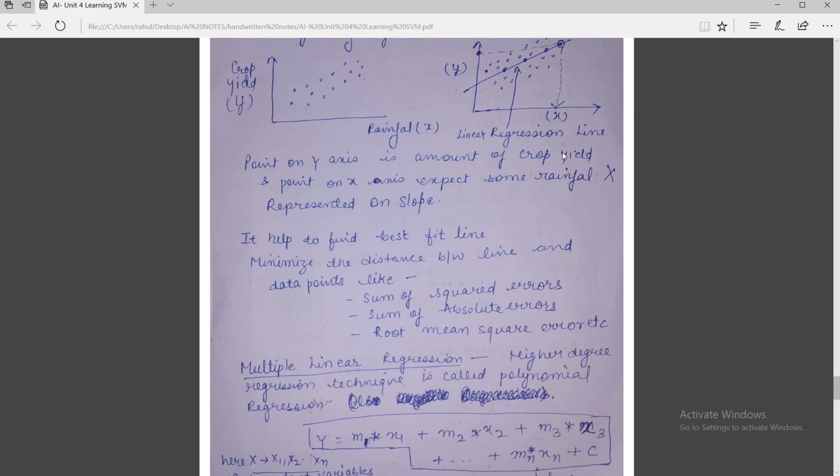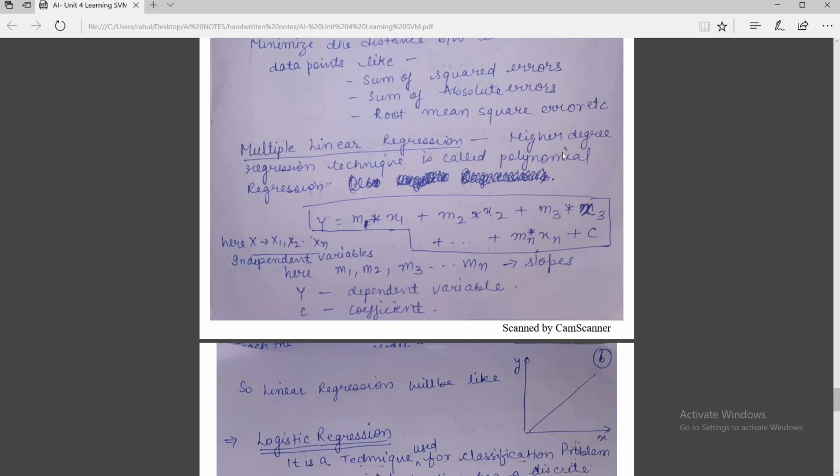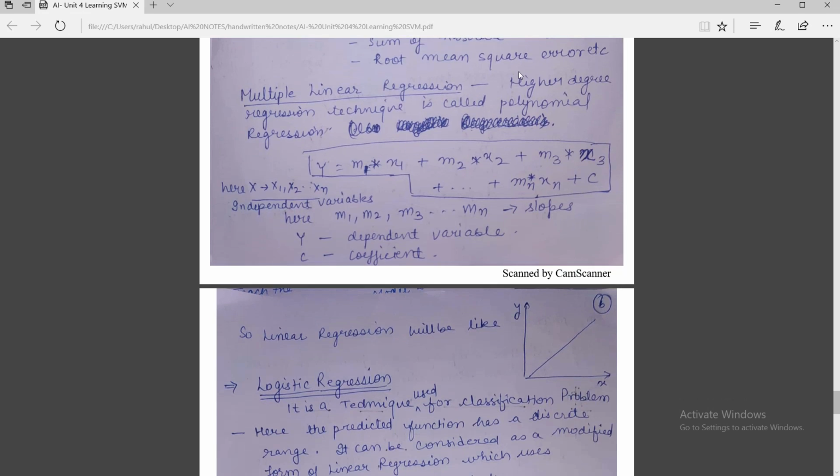When we have a higher degree of regression technique, it will use polynomial regression, and it is a multiple linear regression format. It means we have a number of independent variables and a number of slopes, and the dependent variable is single, which is y, and c is the coefficient.